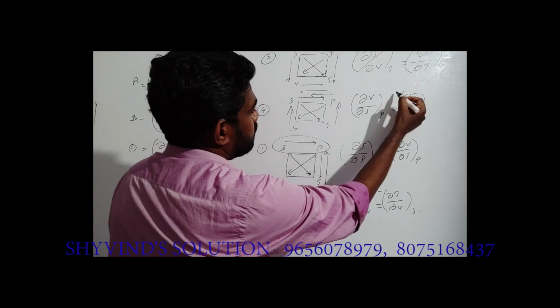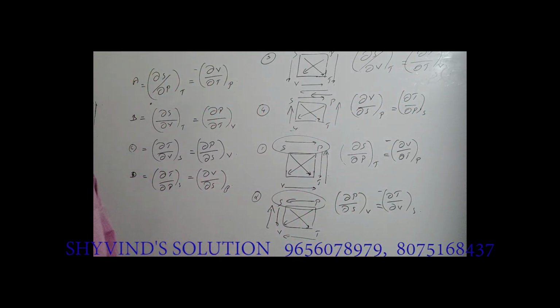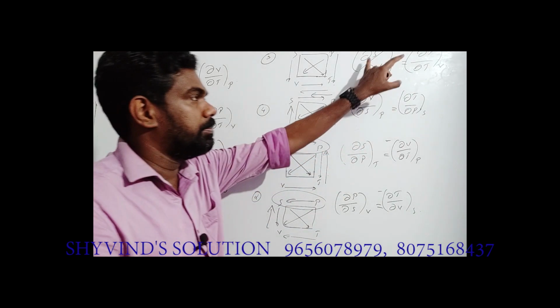This is also opposite, so the minus and minus cancel out. So these are the four Maxwell's relations.